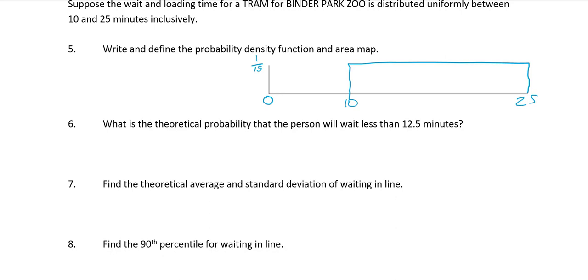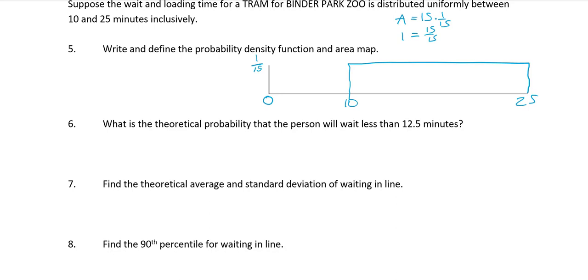In this case, the rectangle shifted to the right 10 units, going from 10 to 25. So the difference between 10 and 25 is 15. Again, we have another situation where the area is equal to the length, which is 15, times the width, or the height, which is 1/15. So my area is equal to 1, which we always need to have.